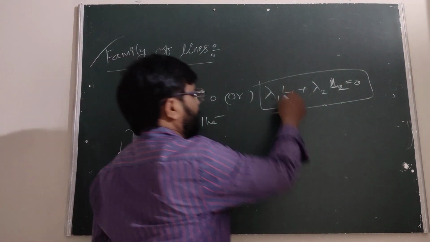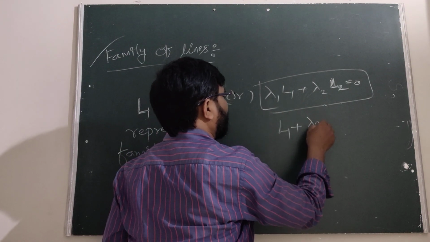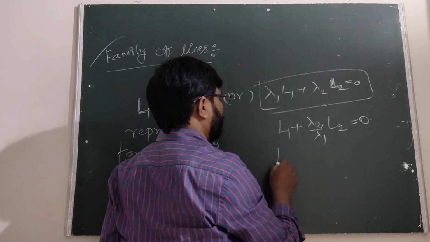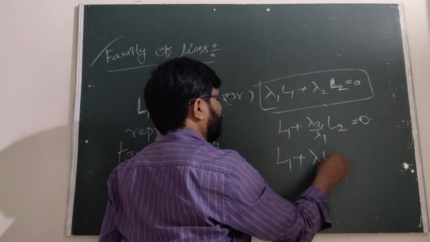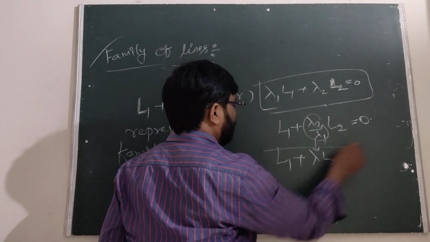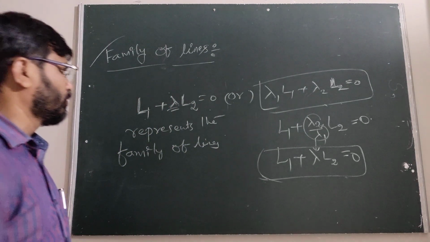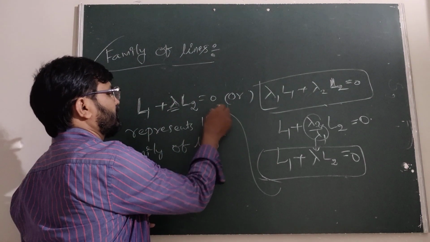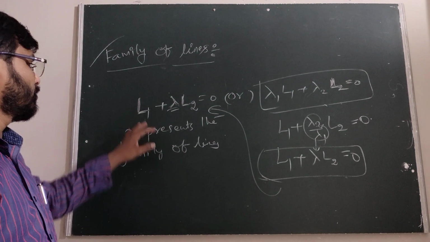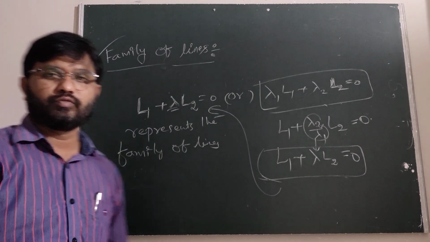Since this can be written as L1 plus lambda 2 by lambda 1 into L2 equal to 0, taking some lambda, L1 plus lambda L2 equal to 0 represents the family of lines, which are passing through the point of intersection of L1 equal to 0 and L2 equal to 0.